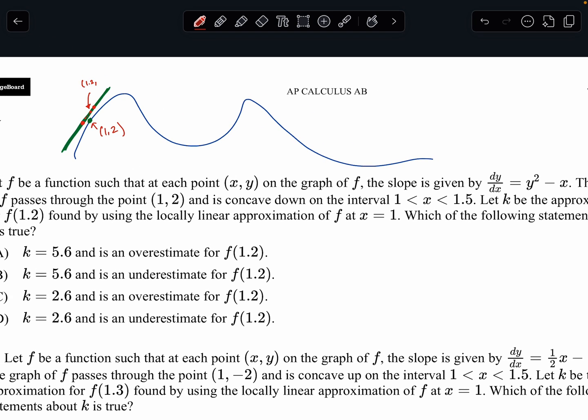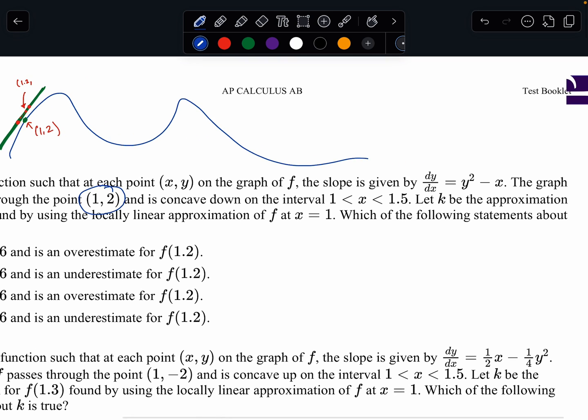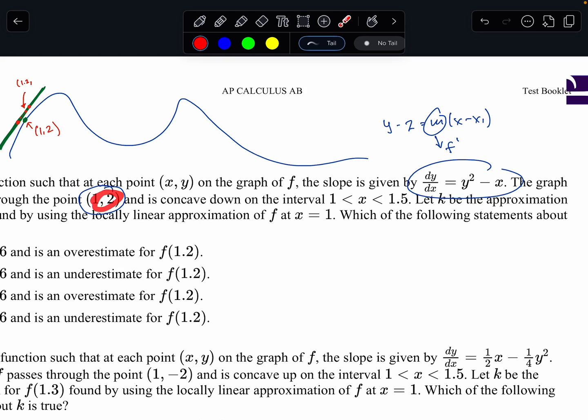Okay, so let's go ahead and do this. We need a tangent line. We have a point, we need the slope. If you remember, the tangent line is y minus y1 equals m times x minus x1. And m is always going to be f prime, or the slope, or dy/dx at the given point.